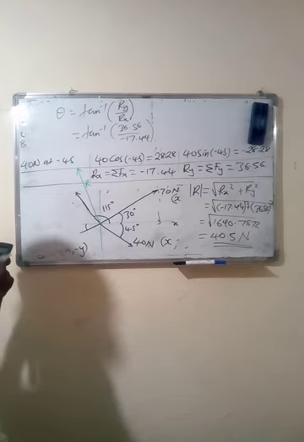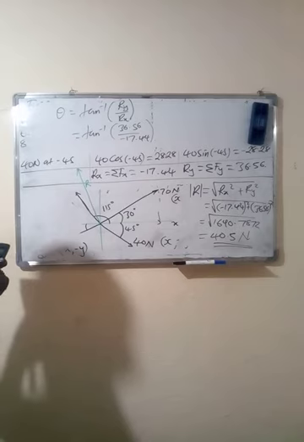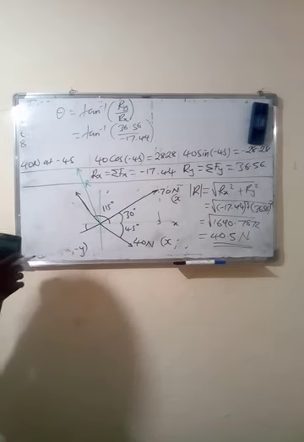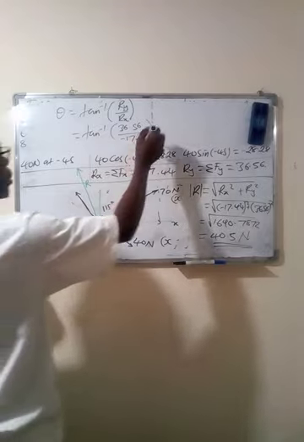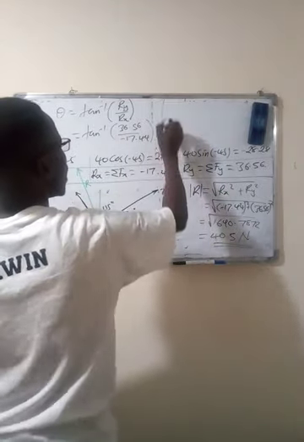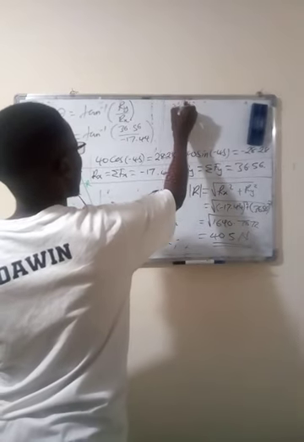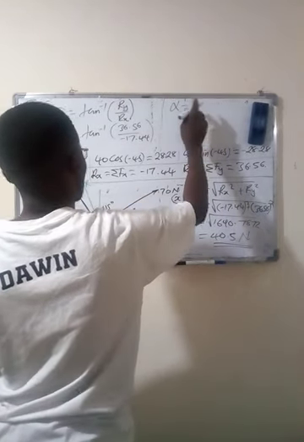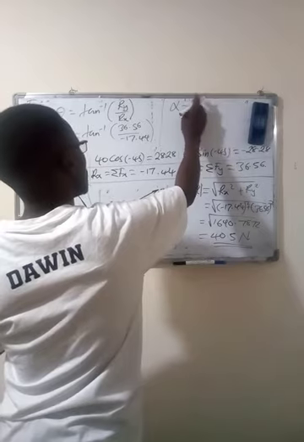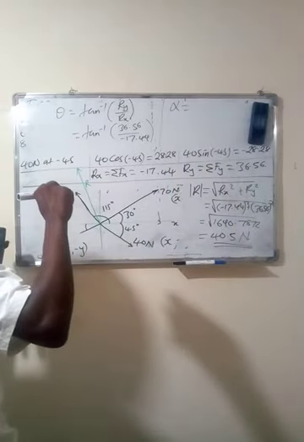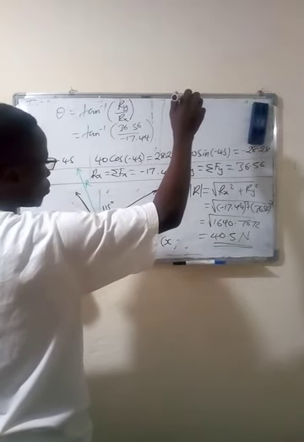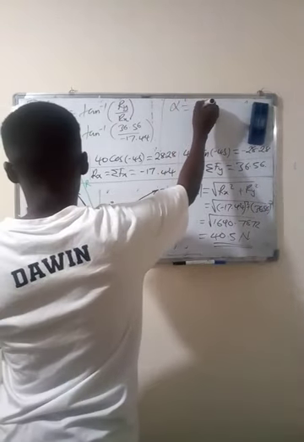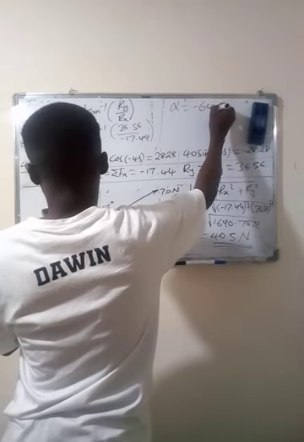So this is giving us alpha, we say that alpha is going to be equal to negative 64.5 degrees, right?